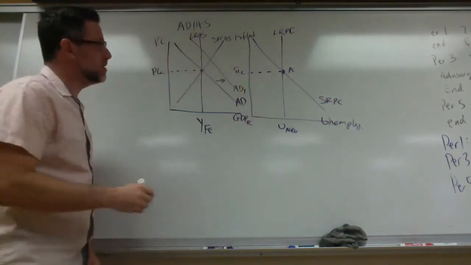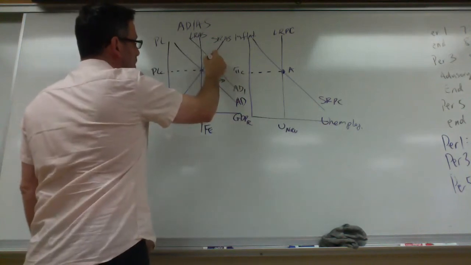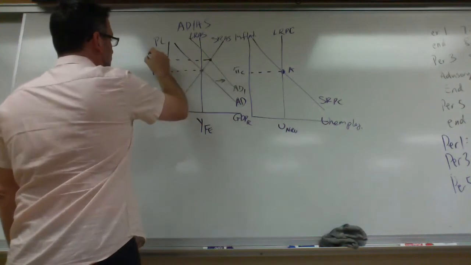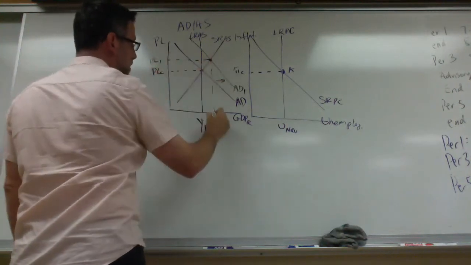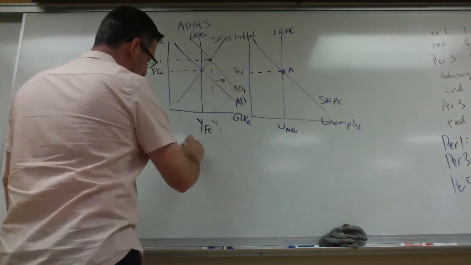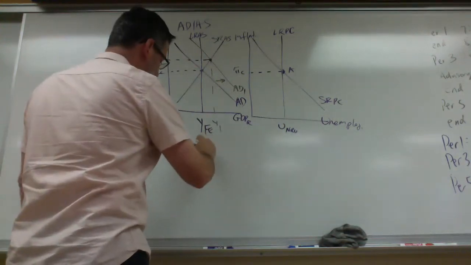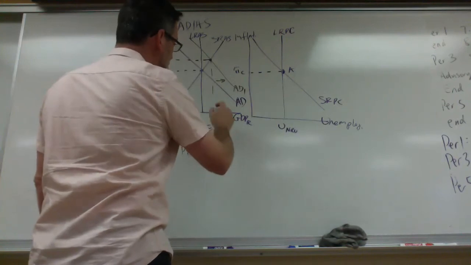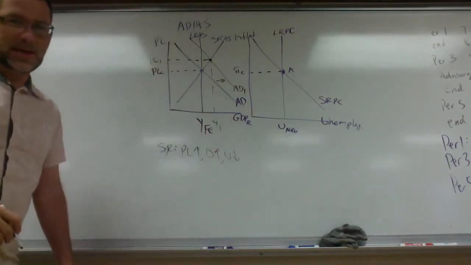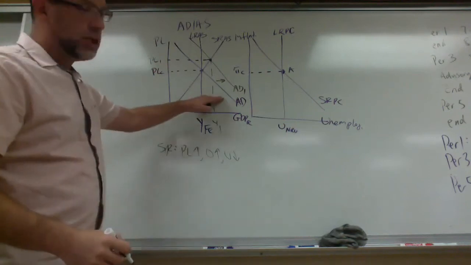Find your new intersection point, PL1, Y1. Down here, we're going to say in the short run, price level is going up, output is going up, unemployment is going down.